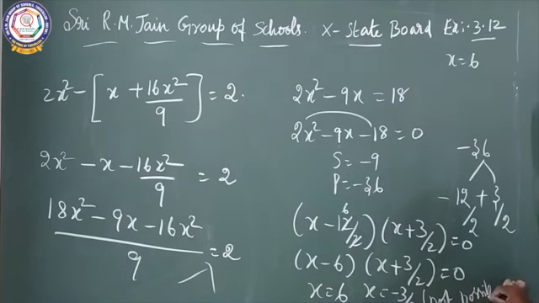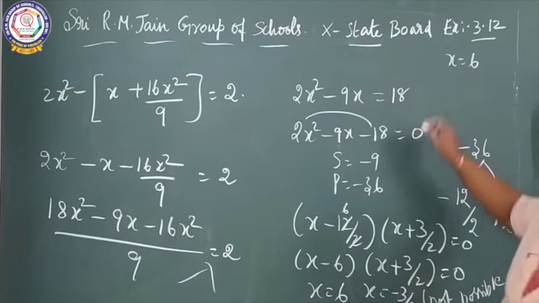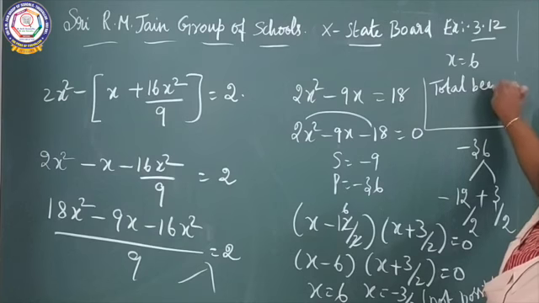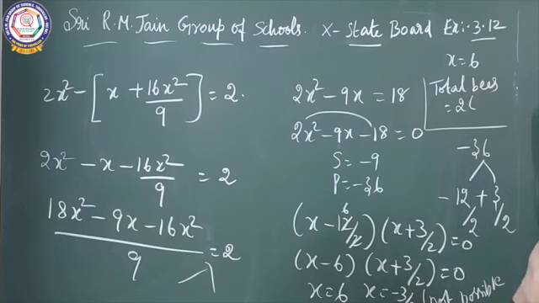Total bees equal to 2 into x square, that is 6 square. 2 into 36, since 6 square value is 36, it gives 72. So, the total number of bees is 72.